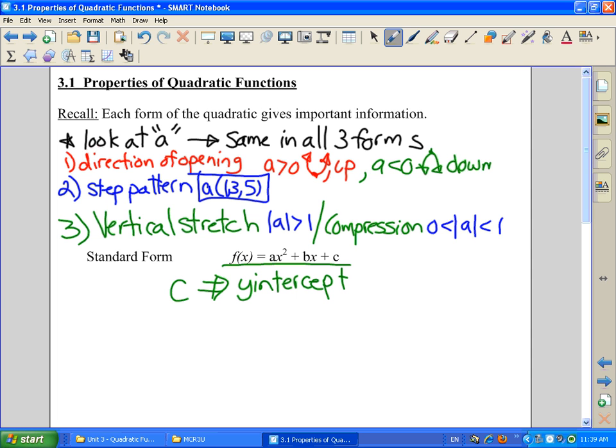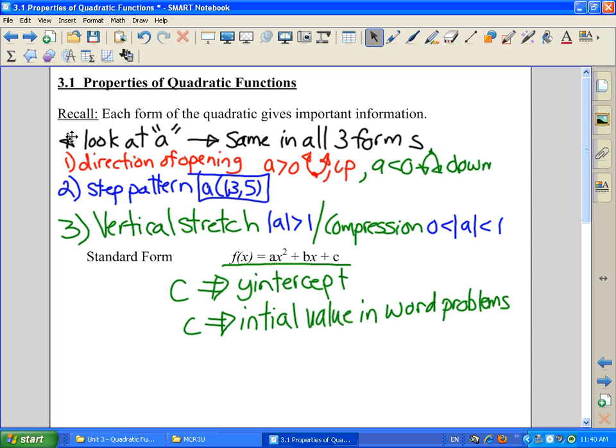And just remember, guys, that c is also the initial value in word problems, okay? All right, so that's standard form.